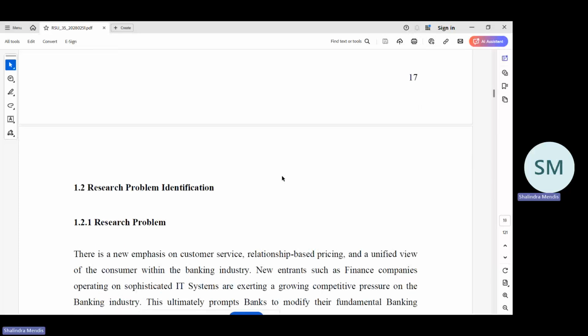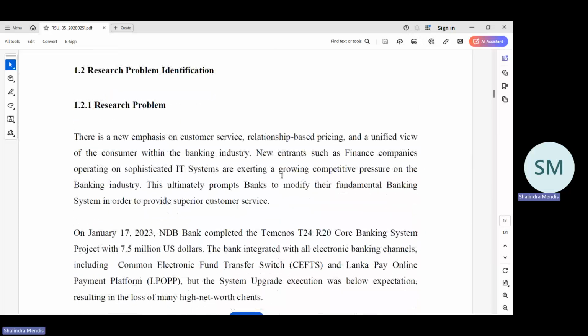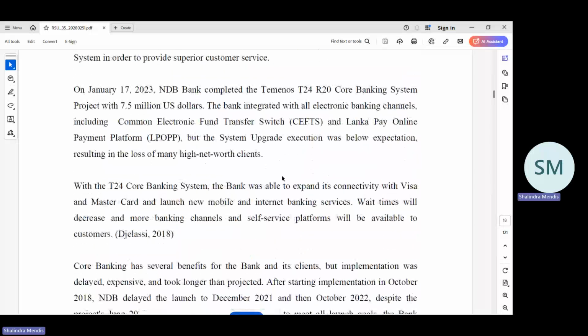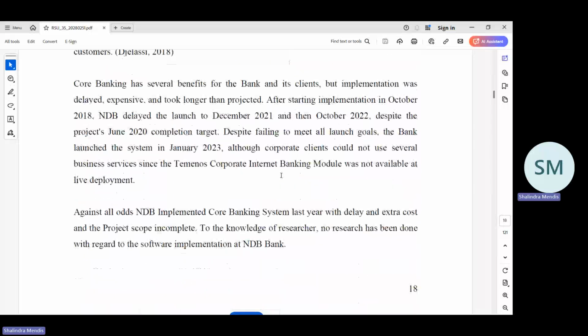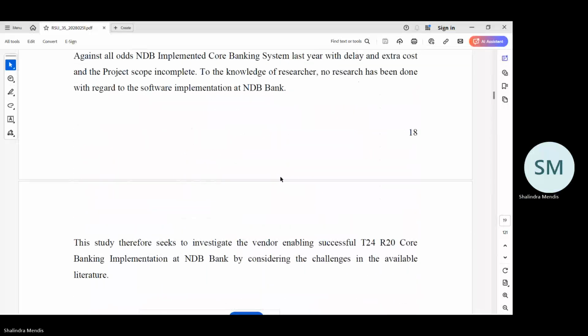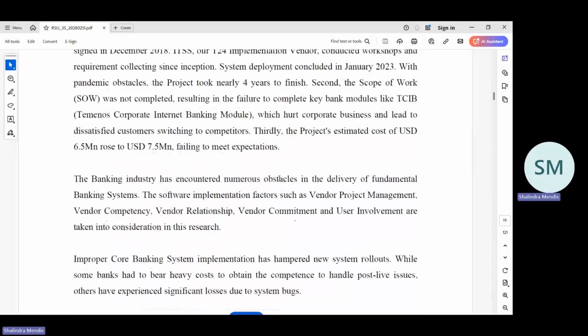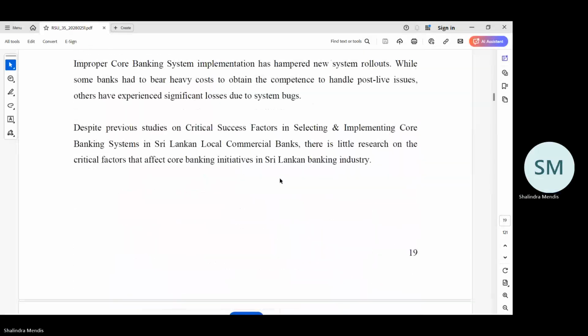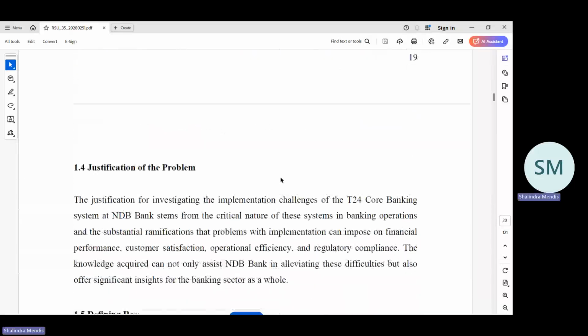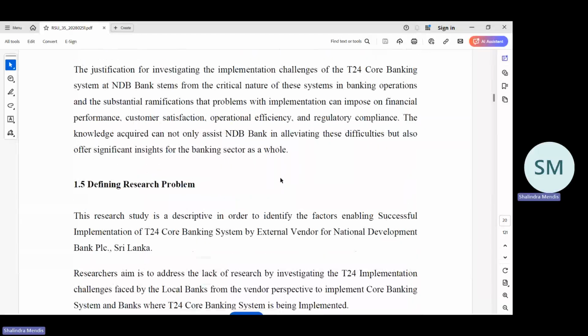Research problem identification. The research problem. Symptom of the problem. Justification of the problem.